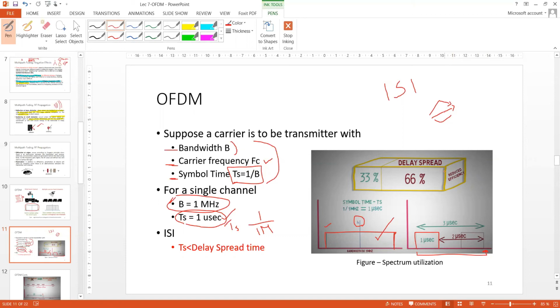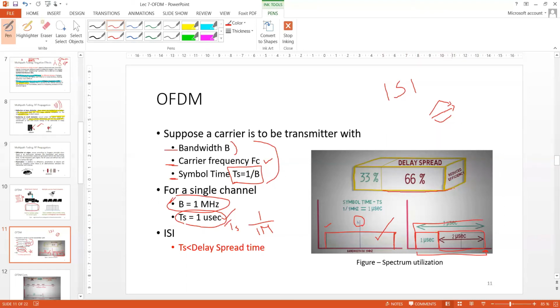So if you have a symbol that has a duration of 1 microsecond, and the delay spread in order to overcome the problem of inter-symbol interference is 2 microseconds, you are wasting 66% of your spectrum.